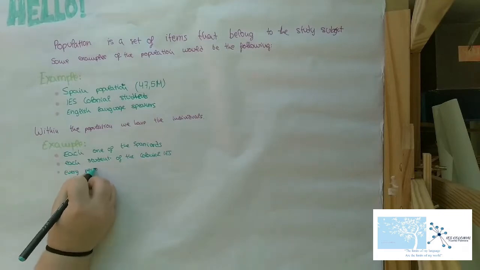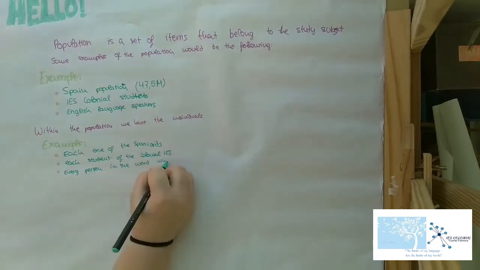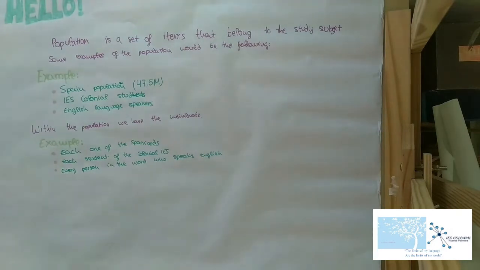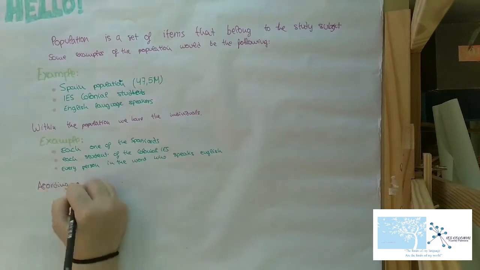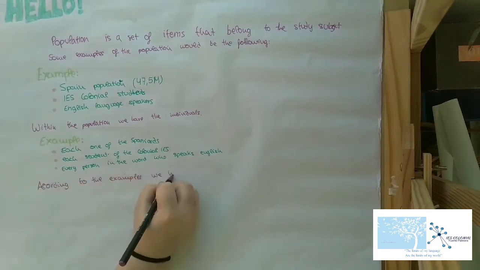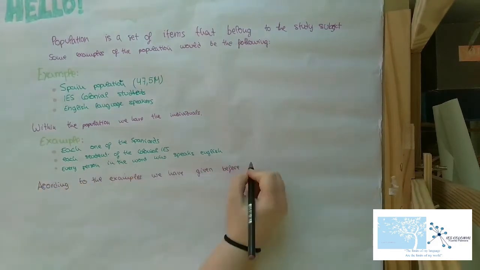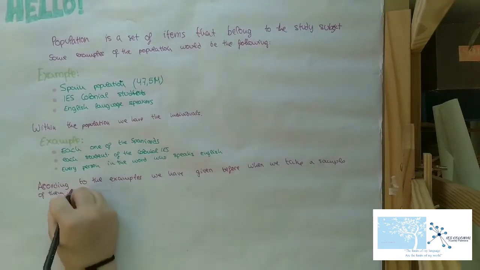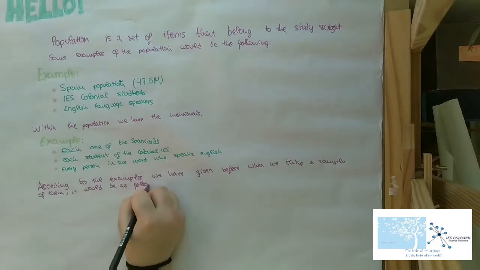Nevertheless, population is usually a big universe which may be very difficult to work with. Because of this, a sample is usually extracted, which is a subset of items previously chosen, and it is able to infer characteristics of the entire population.